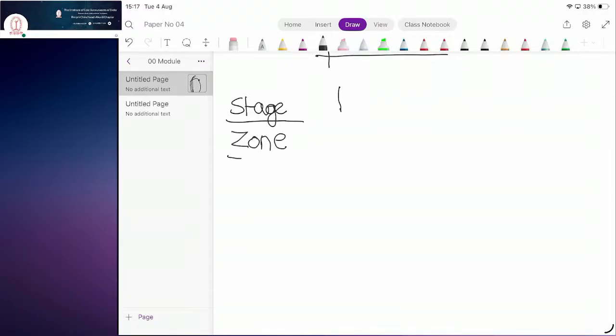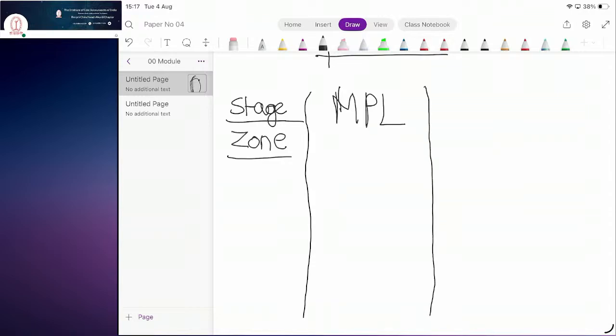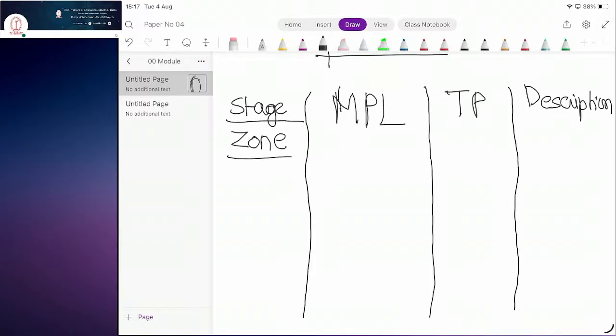You can even call it region. Right. Marginal product and total product. Maybe you keep a little bit of space also for some description.